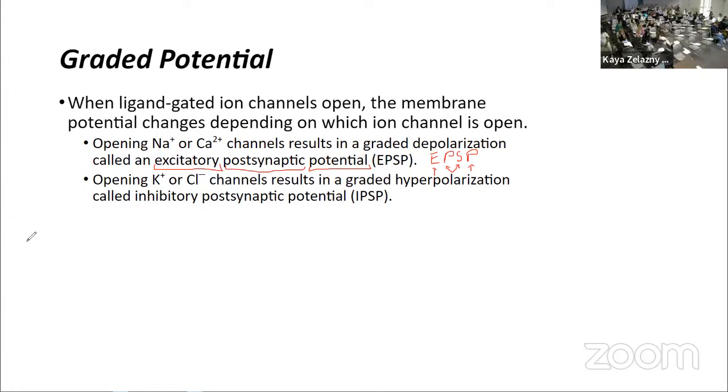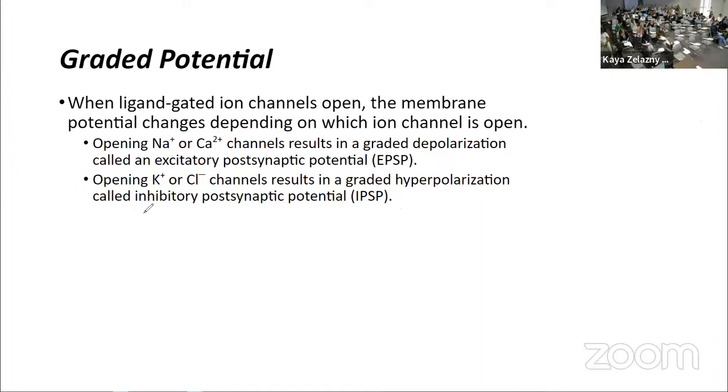And we can have the reverse. So we open a potassium channel. We know potassium wants to leave the cell, right? When it leaves the cell, it hyperpolarizes. When we're hyperpolarized, we're farther away from threshold. This is inhibitory. We're less likely to fire off an action potential. So we name it the same way.